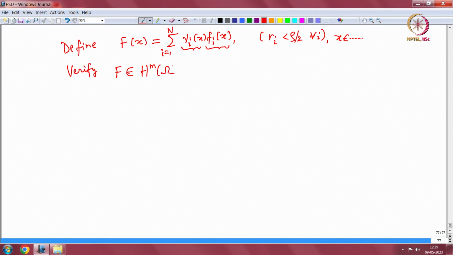Outside that, it is in fact the support of F. So the compact support, that is, support of F is in omega rho by 2 closure.